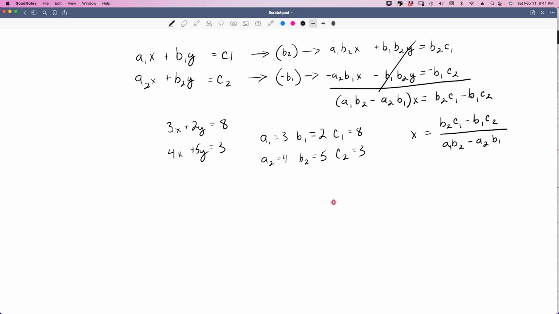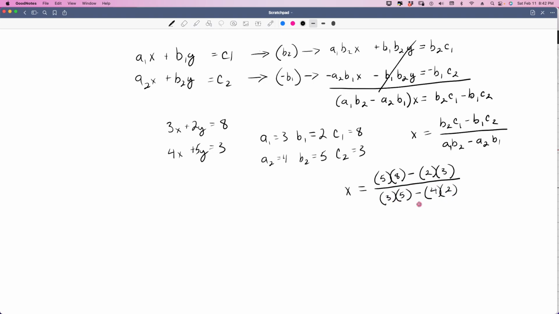So this means that x is equal to b2, which is 5, times c1, which is 8, minus b1, which is 2, times c2, which is 3. And that's going to be in the numerator. In the denominator, we have 3, which is a1, times b2, which is 5, minus a2, which is 4, times b1, which is 2.